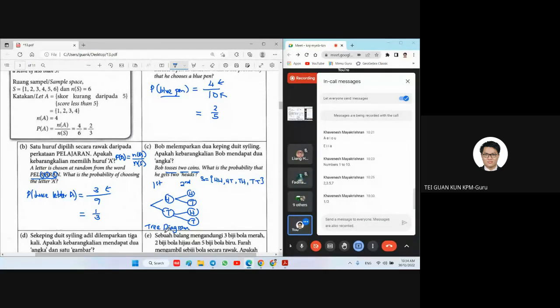Ada soalan? Ada tak soalan? Boleh tanya kalau ada soalan. Tak ada. Okay, so ini hanya outcome saja tau.